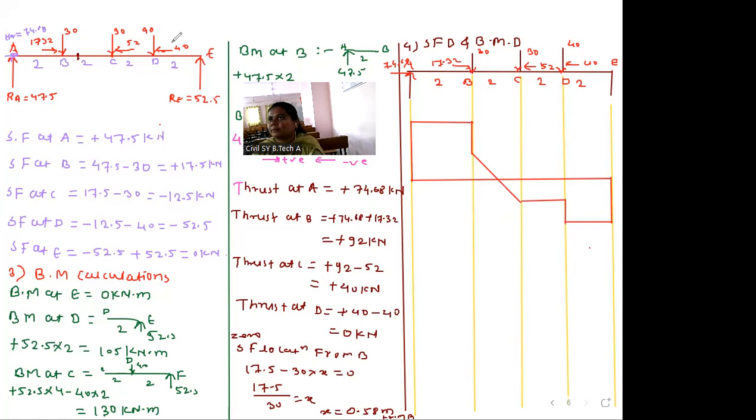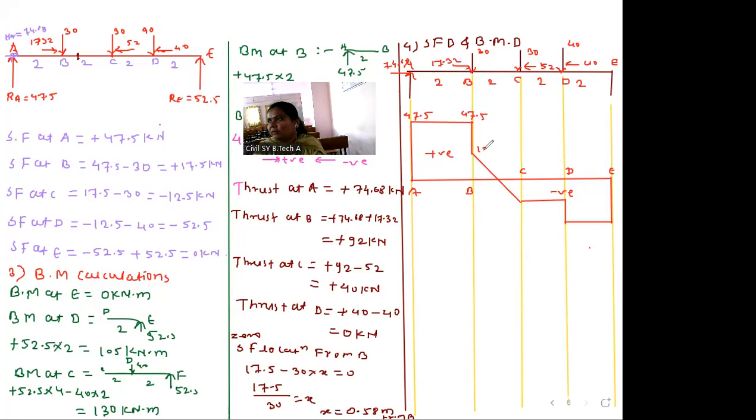Above baseline, diagram is positive and below baseline, diagram is negative. So this is A, B, C, D, and E. Here value is 47.5. Here also 47.5.